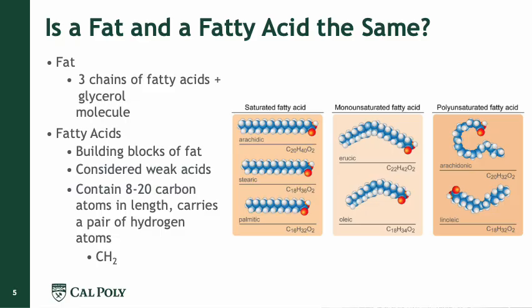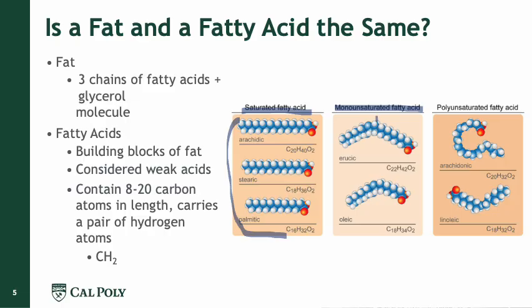If we take a closer look at the pictures on the right, we have the 3 main types of fatty acids. We have our saturated fatty acid, and we can see that in this case we have a linear structure. Then we move to the monounsaturated fatty acid, and we're going to look a little bit closer in the next slides at what this means. But the word mono means, as we have been seeing before, 1.